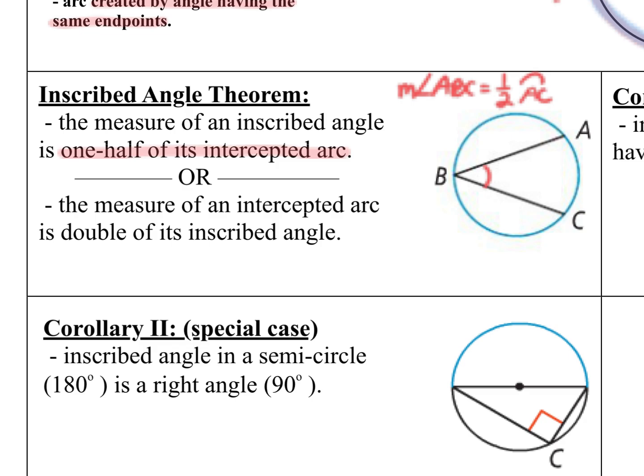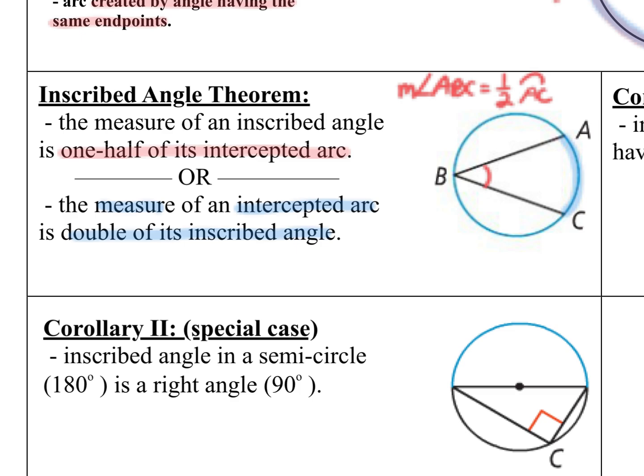Or we can also look at the other part of that. The counterpart is that the measure of an intercepted arc is double its inscribed angle. This is the opposite of the first one. It means that from the inscribed angle, you are going to find the intercepted arc. What's going to be the size of this intercepted arc once you are given the size of the inscribed angle?